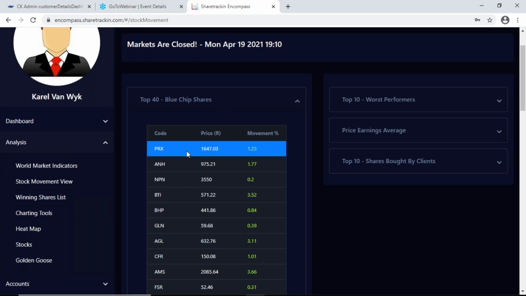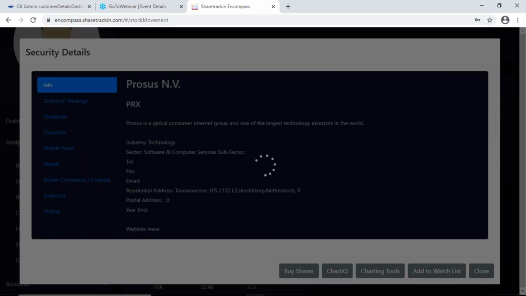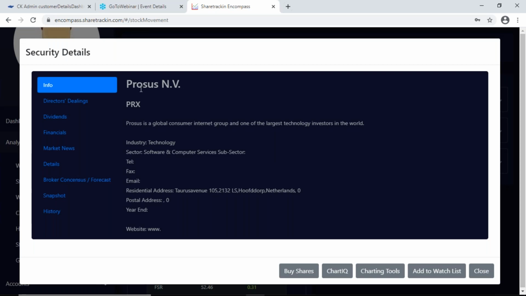If I'm not too sure about the code, I can click on the share, and then I can see, okay, it's Prosus NV. The code is PRX. Prosus is a global consumer internet group and one of the largest technology investors in the world. So it gives me a brief description of the share.